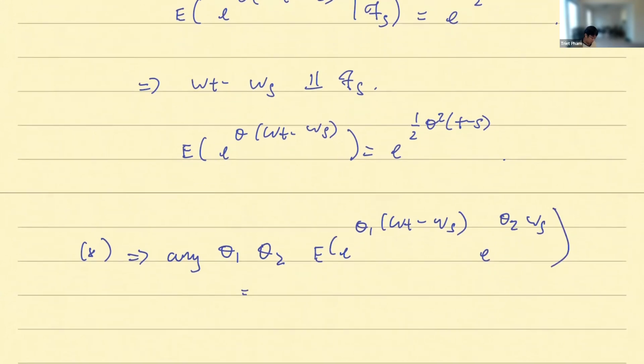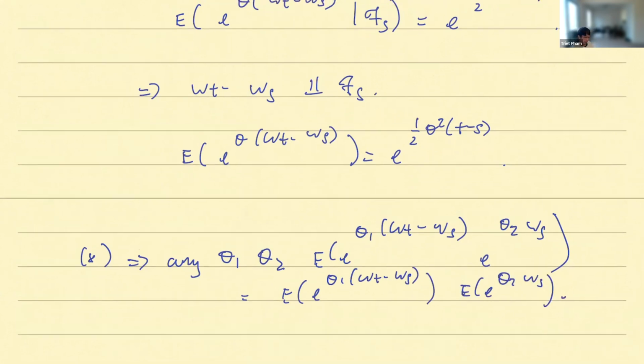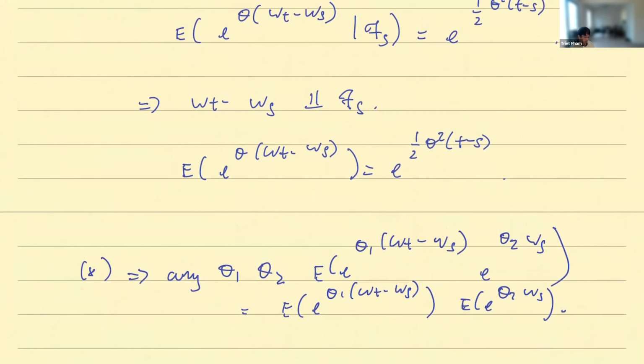Yes, this is called a joint moment generating function. You're absolutely correct, so that's exactly the next step. I hope you can see how you can do this by leveraging this conditional expectation. But you can show that, and that's exactly the independence. That's correct.